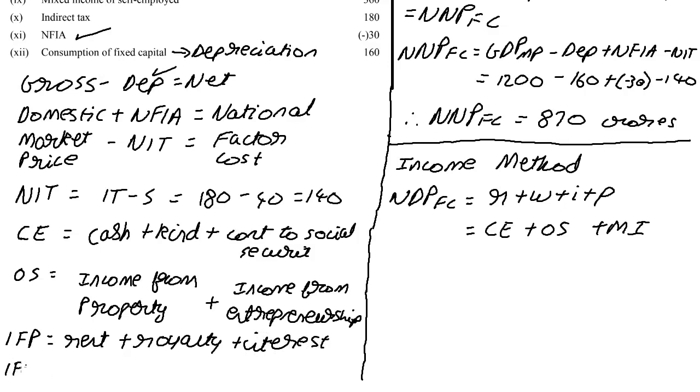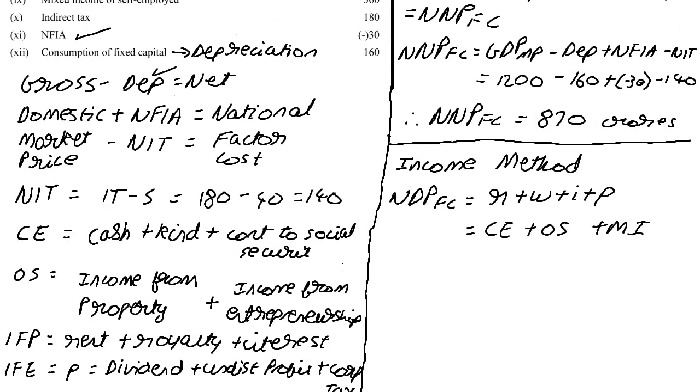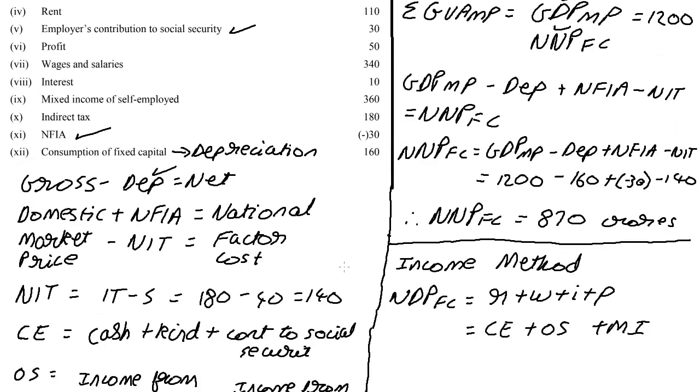Income from entrepreneurship is nothing but profit, which is equal to dividend plus undistributed profit plus corporation tax. In this question we don't have to worry so much about the profit component because they have directly given it to us.